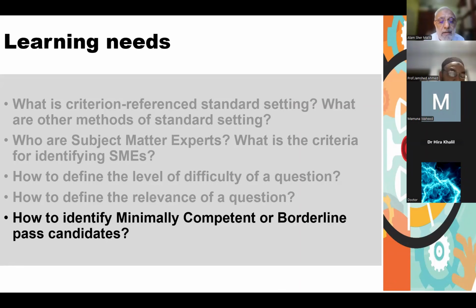How to identify minimally competent or borderline pass candidates? These are all questions generated through this exercise, and in our next discussion we will go into the detail. We learn about it, and then we apply this information to other methods of standard setting.